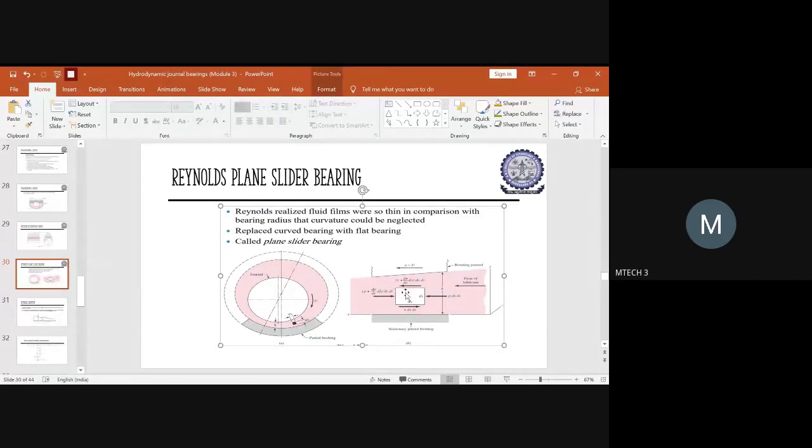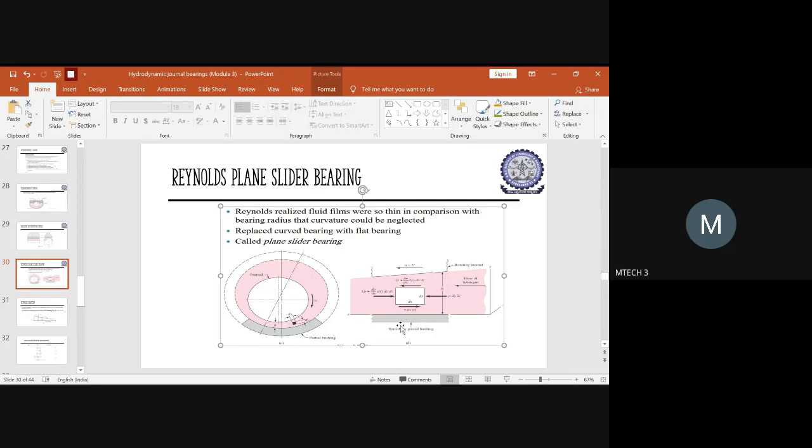That depends upon the height of your element from the stationary surface to the point where you have to measure the shear stress. So based on that distance, you will calculate the shear stress. But the maximum shear stress will be across the surface where the journal is rotating. So this you will write down.